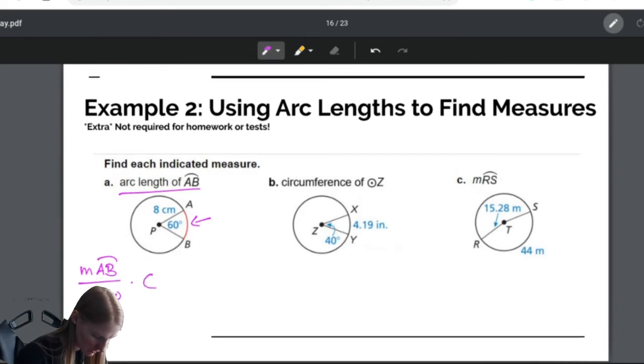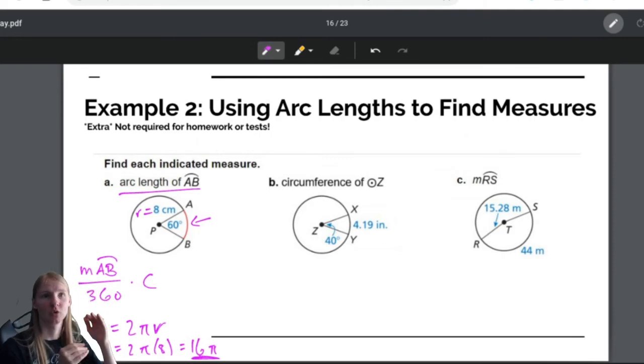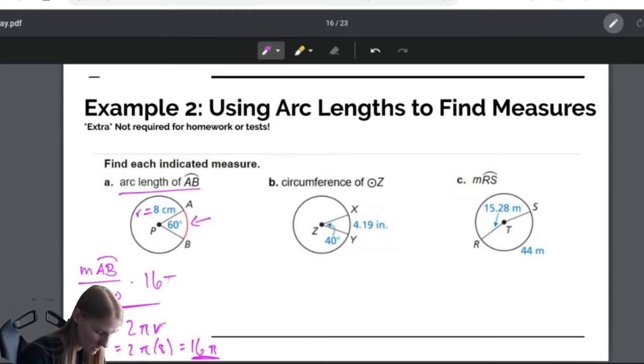Circumference is 2 pi r, which in our case is 2 pi, there's our radius, r equals 8. So this is 16 pi. In this case, leave it as the exact answer. This is why I showed you the exact answer and the approximate answer, because in this case you don't want to plug something approximate in right here. You want to plug the exact number in.